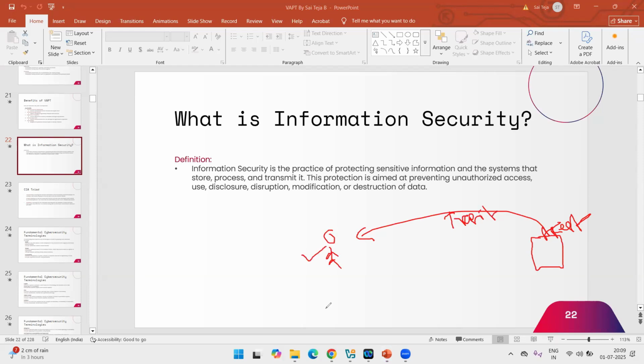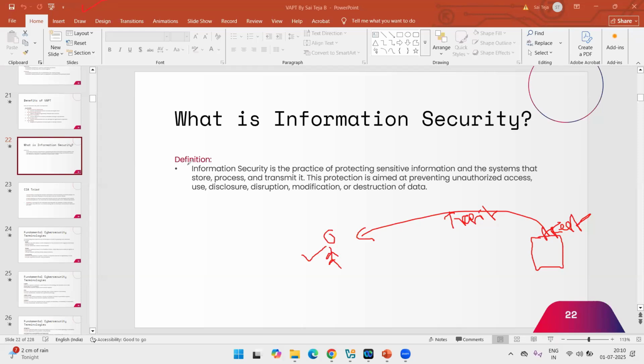And when you use it, it is in process, correct? Let's say I'm loading this document now, whatever PPT that I have right now. Where is it running? It's running in my system memory.